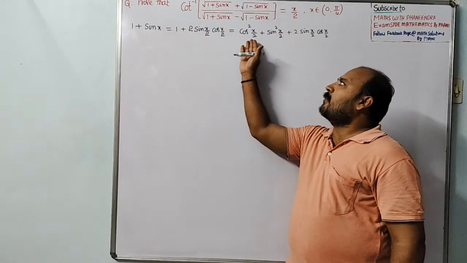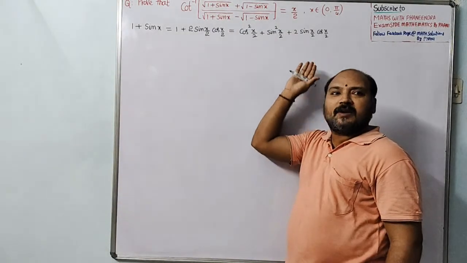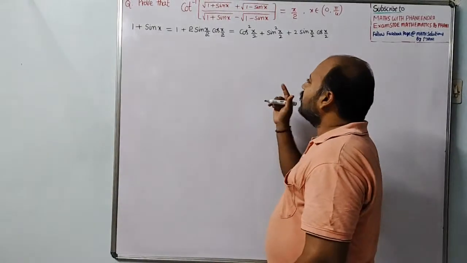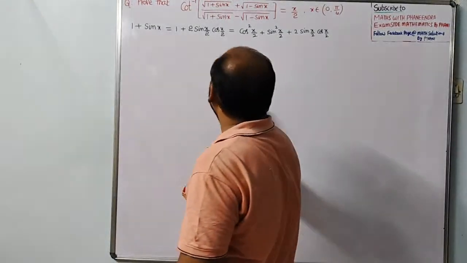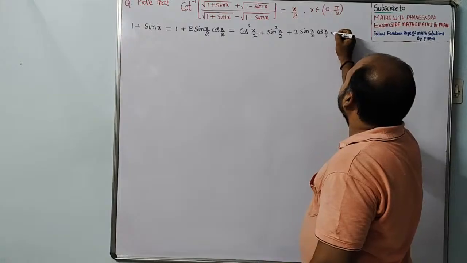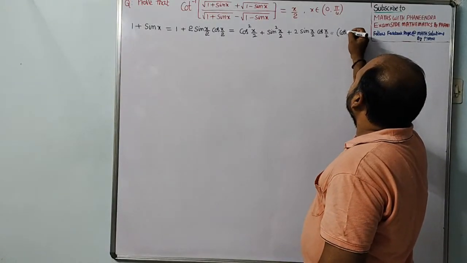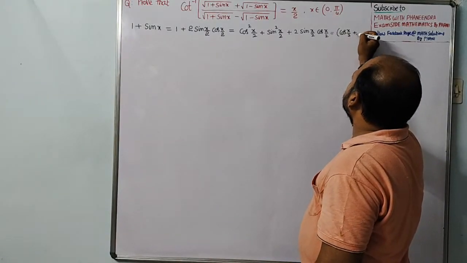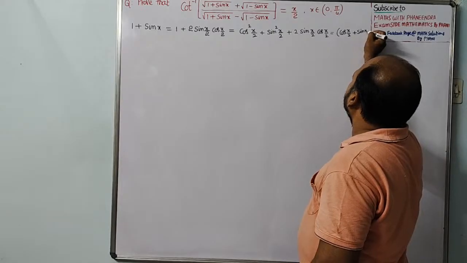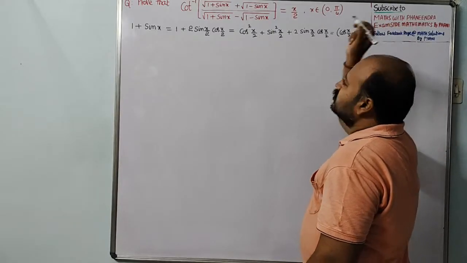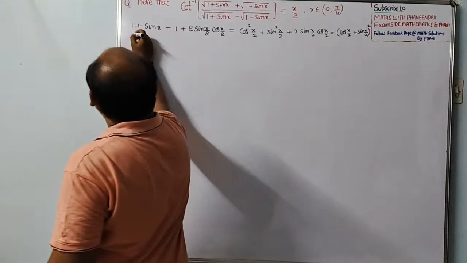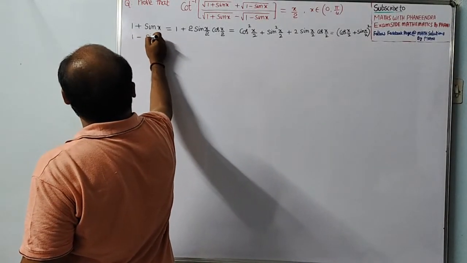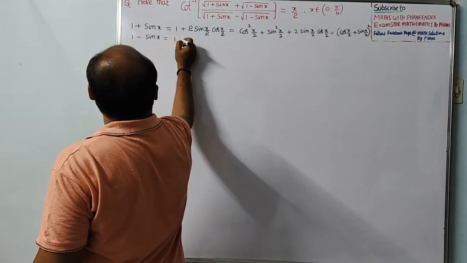It is in the form of a square plus b square plus 2ab, so it will be (a plus b) whole square only, no? We can write it as (cos x by 2 plus sin x by 2) whole square.